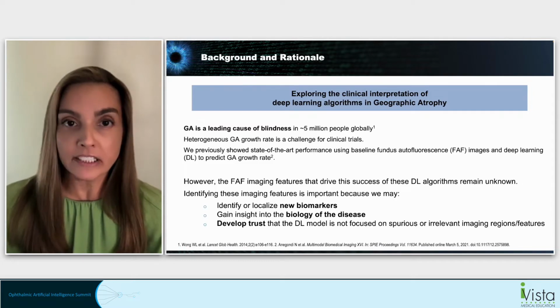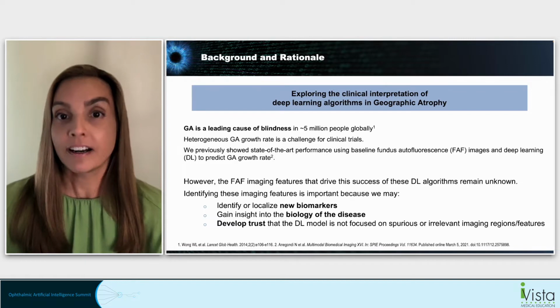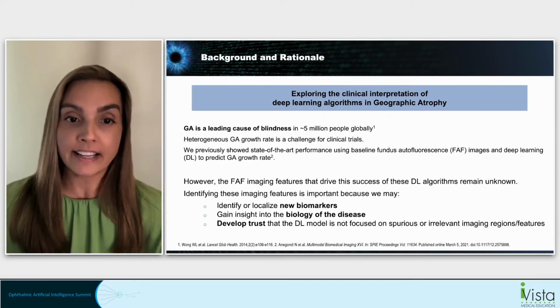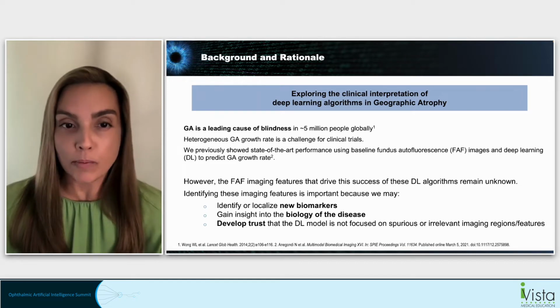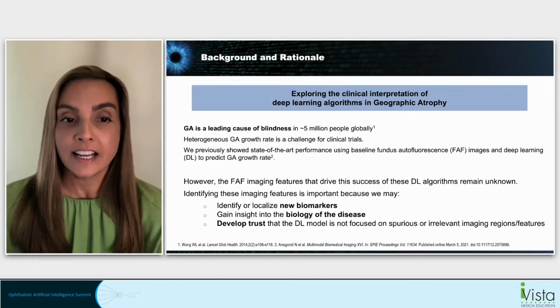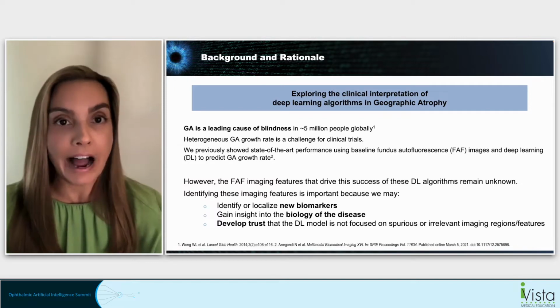And specifically in the context of geographic atrophy, if we better understand the clinical interpretation of those deep learning algorithms, we can identify or localize new imaging biomarkers that can lead us to new insights into the biology of the disease, and ultimately help us develop trust that the deep learning models' outputs are worth acting upon.